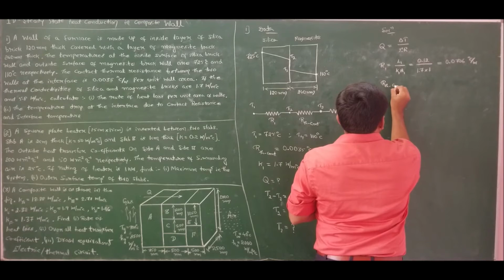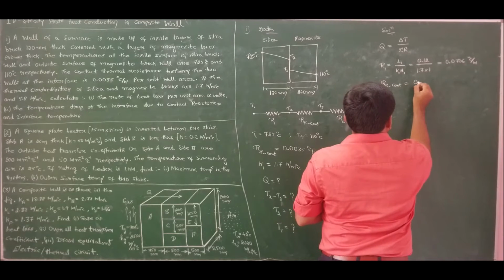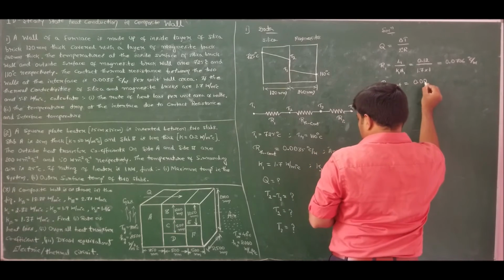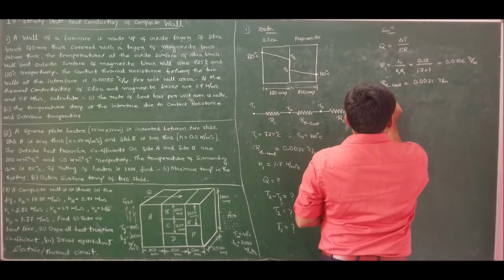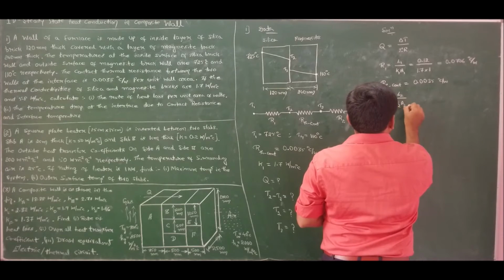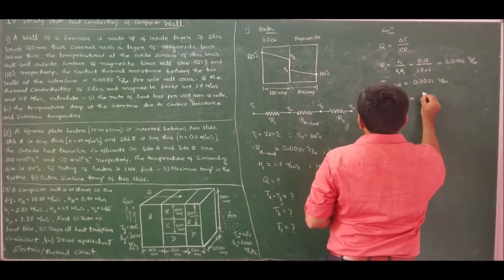R due to thermal contact resistance is given for us, which is 0.0035 degrees Celsius per watt, and coming to the value of R2, it is L2 by K2A2. So area is 1, length is 240 mm, that is 0.24 meters.